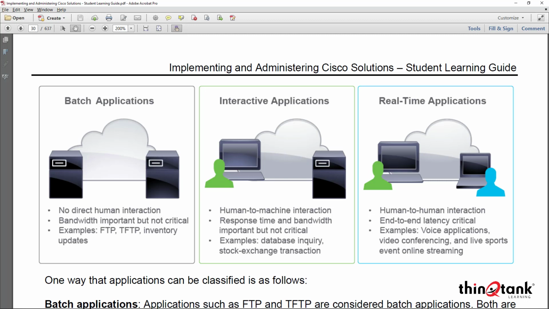So we want to treat these applications almost like real time, but it's more of a customer or user experience concern rather than the actual loss of information or data.